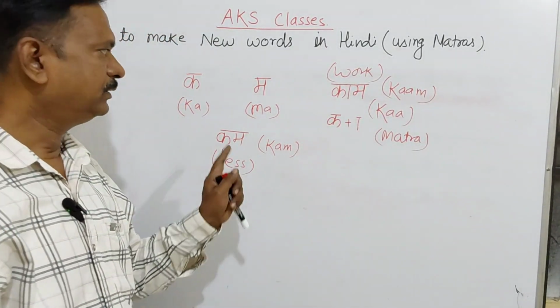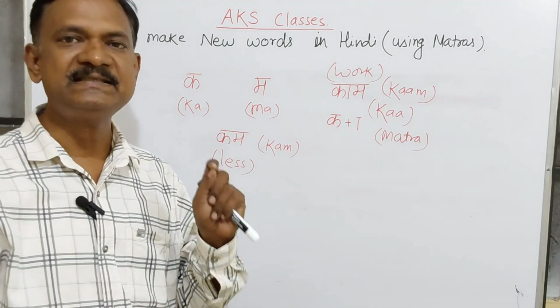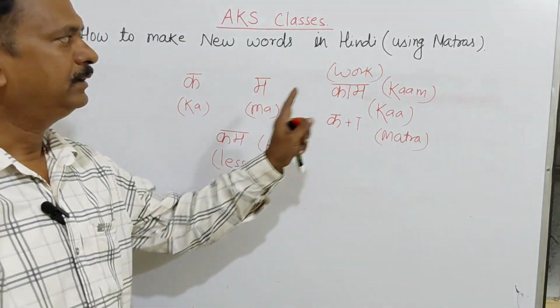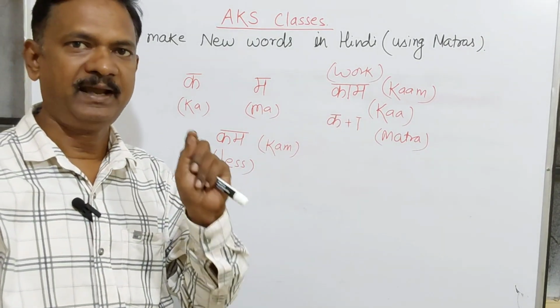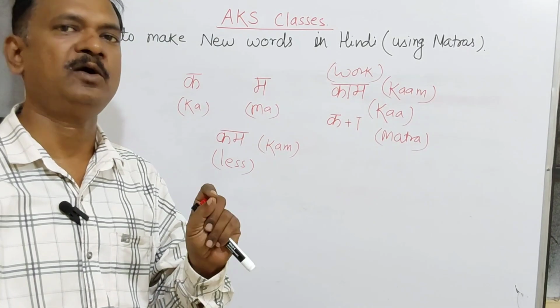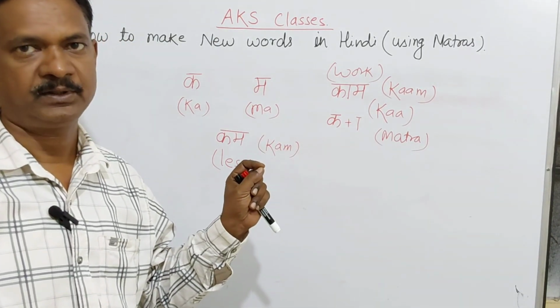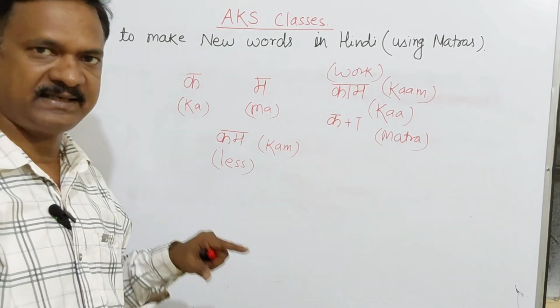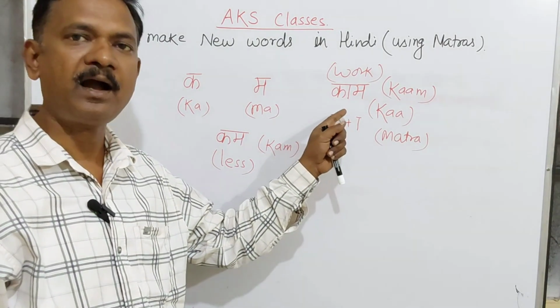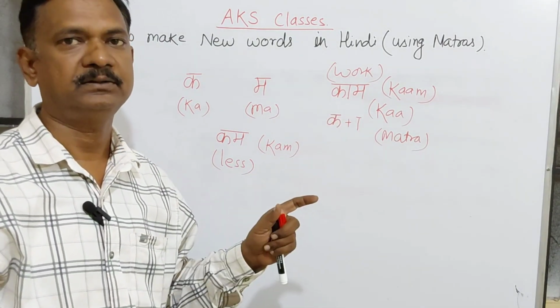So with this example, we can easily understand that just because of an additional vowel sound, the meaning has entirely changed. This is kam, which means less, and now this is kaam, that means work.